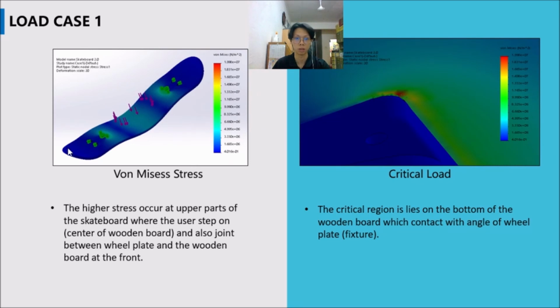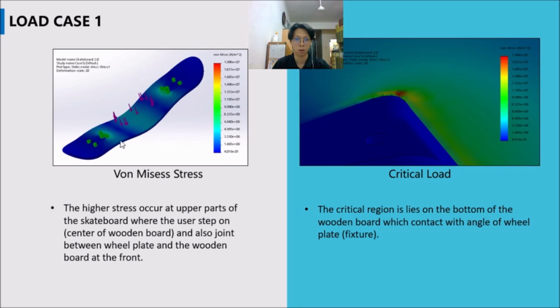This figure shows the result of the simulation of von Mises stress. The blue color represents the region where lower stress exists, and when the color gets lighter, it means that the stress is increased.